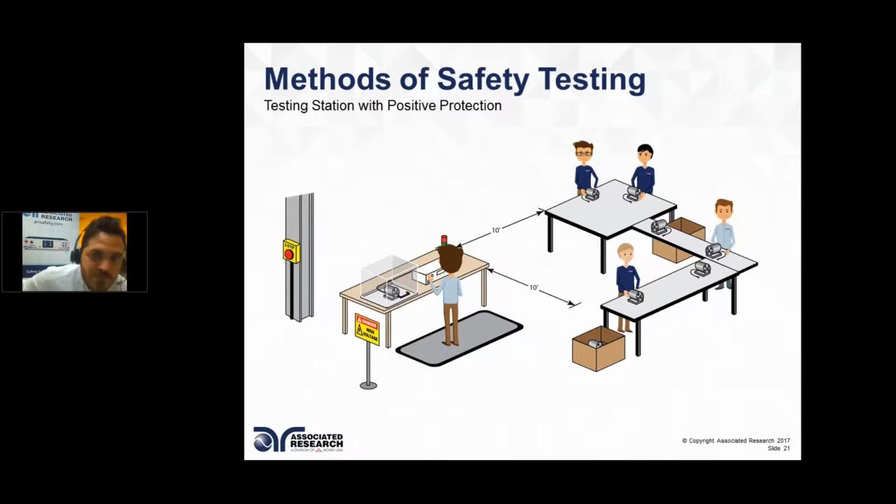So, methods of safety testing station with positive protection. OSHA considers someone who uses a DUT enclosure to have positive protection, for the reasons I stated earlier, right? It's dummy-proof. Someone almost has to be trying to get shocked with a DUT enclosure.